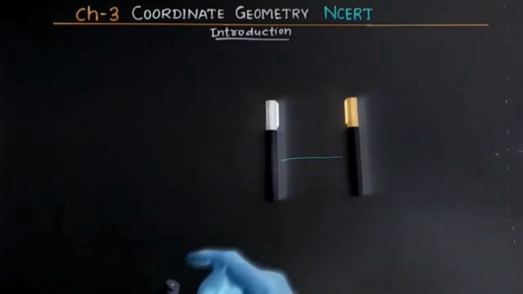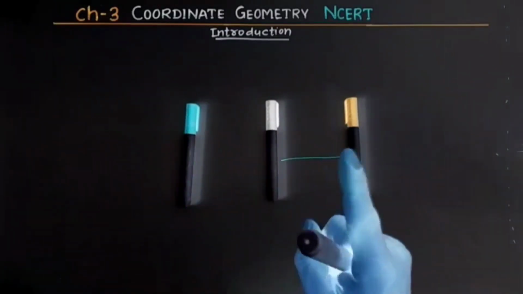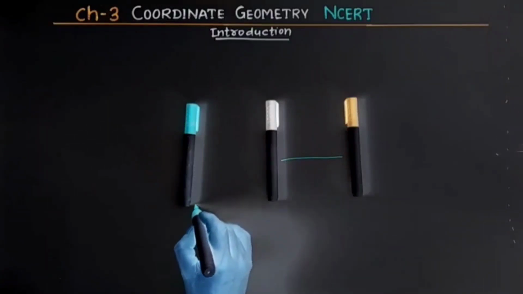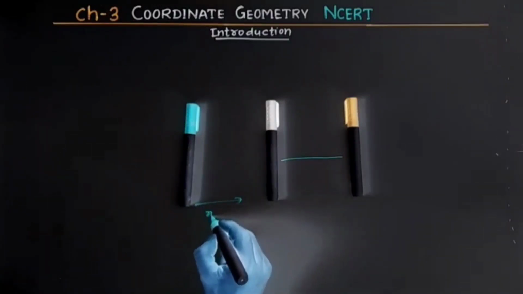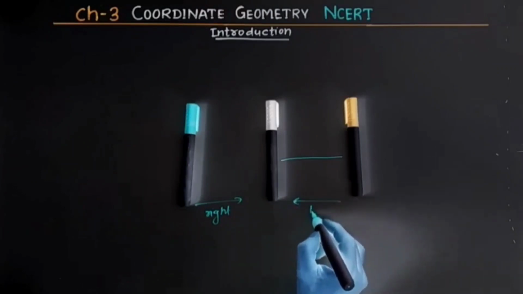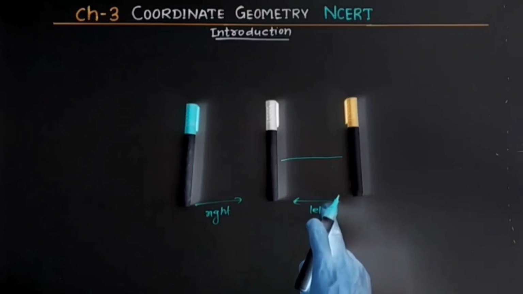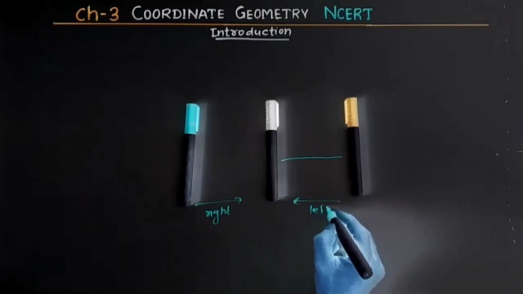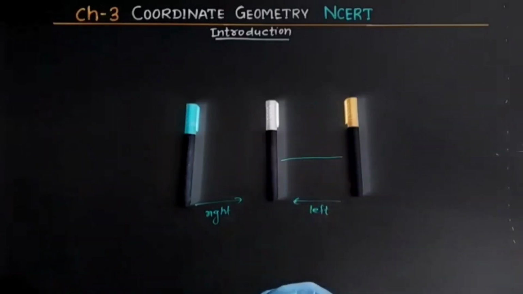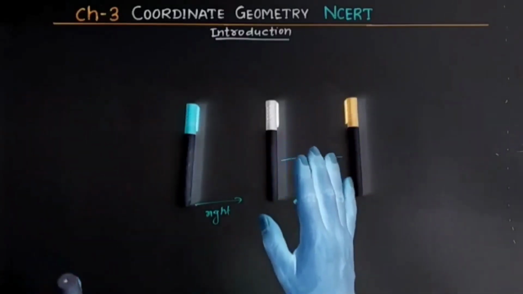You can also find out the distance between these two pens. And if I place another blue pen on the right hand side of the white pen, you can say the white pen is on the right hand side of the blue pen and the left hand side of the yellow pen. In this way, you can find the exact position of the white pen.